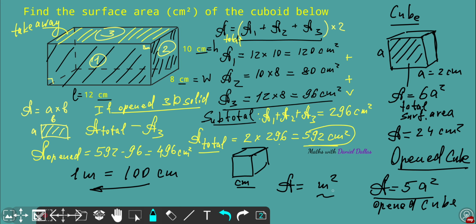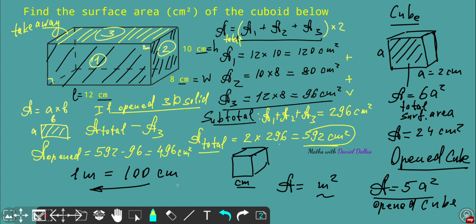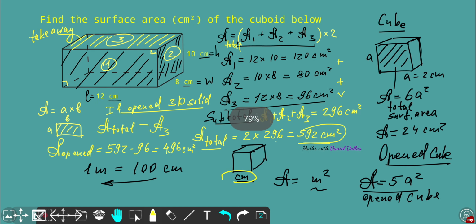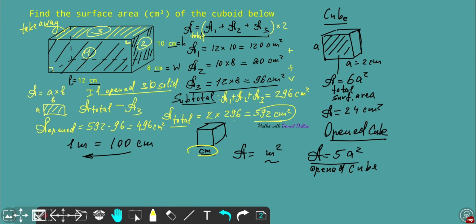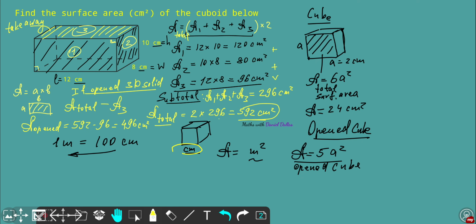So if you have meters as dimensions, you can work with meters and finally you'll get meters squared. However, the easiest way is to still use centimeters, and let's say you've got the answer in centimeters squared. How to convert into meters squared?